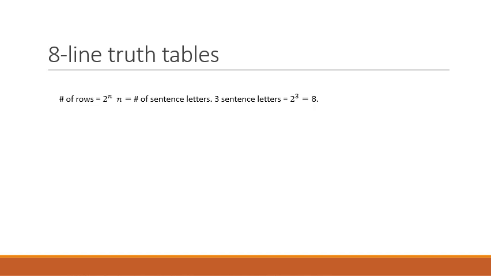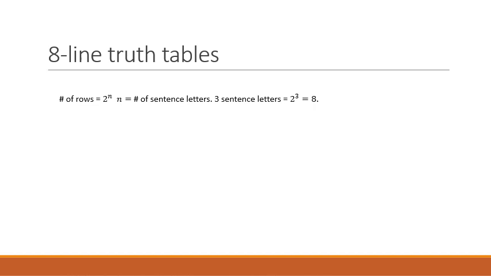If you have 2 sentence letters, that's 2 to the 2, which is 4. But 3 sentence letters is 2 to the 3, so that's 4 times 2, which is 8, and if you add another one, then it's going to be 16, and another one will be 32, and then 64, and then 128, and so on and so forth.